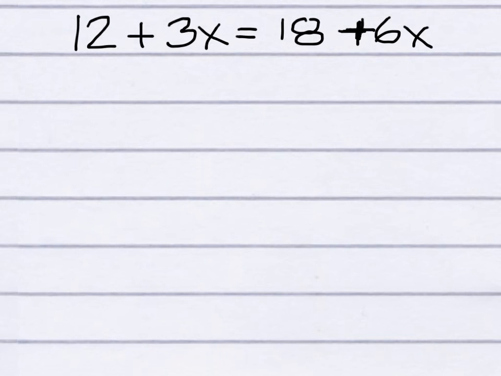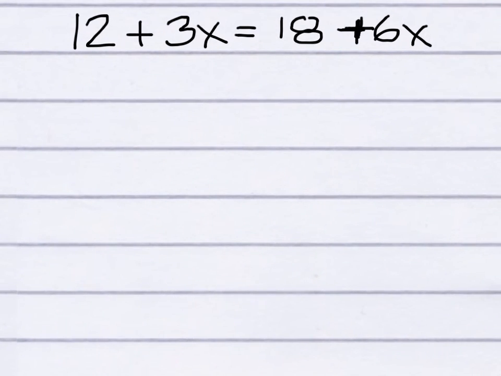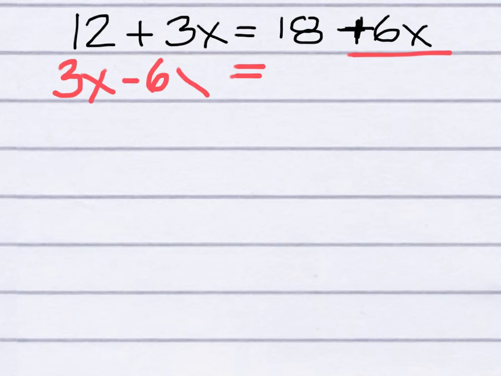You have a 3x on the left. There is a 6x on the right, plus 6x. It must go to the left and become minus 6x. There's an 18 on the right. Leave it there.